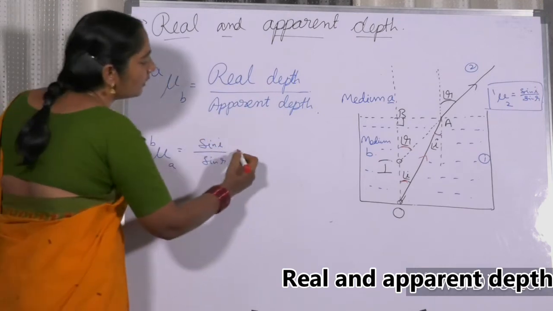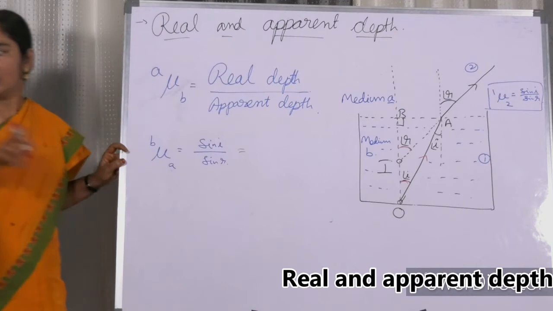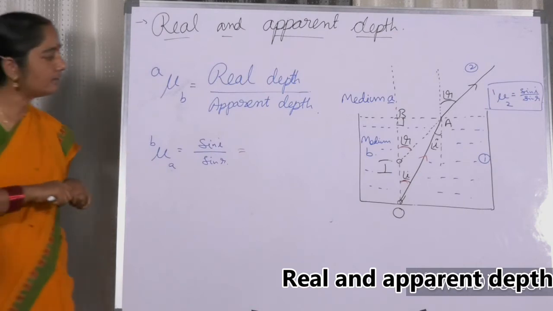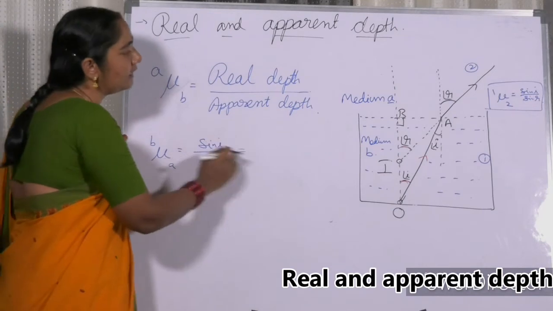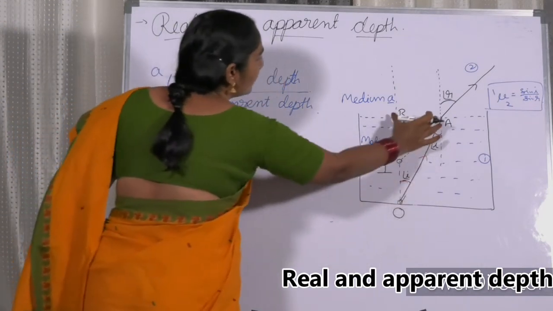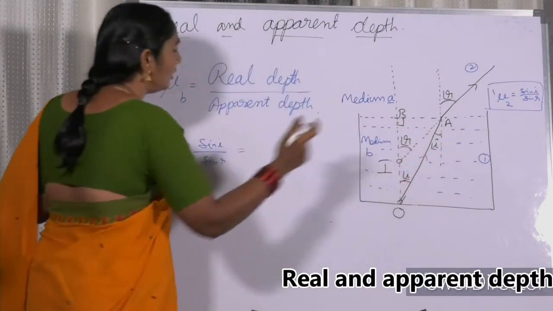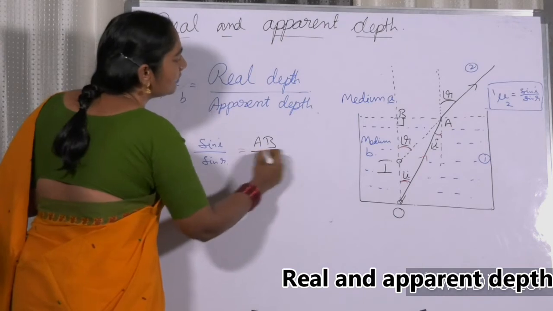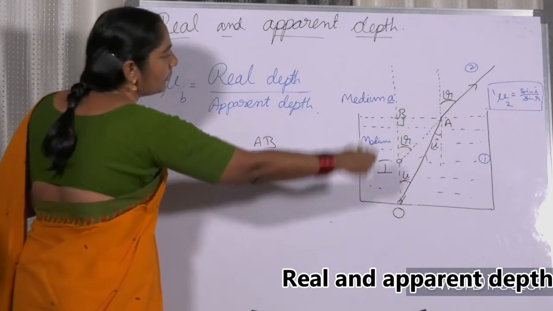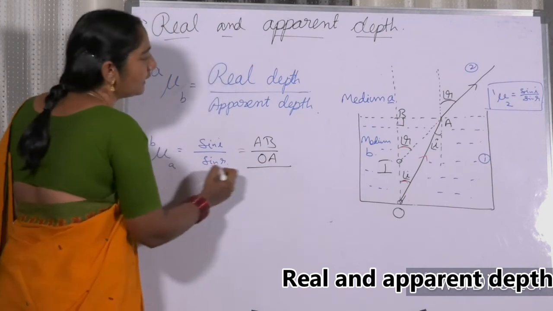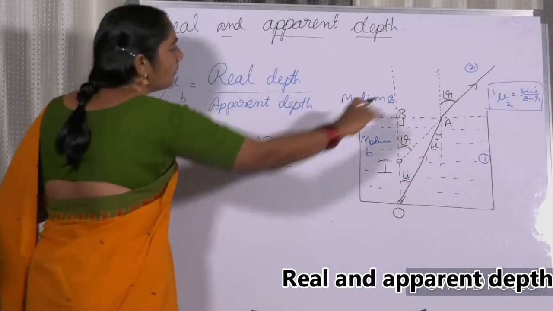So that is equal to, already we know that in this right angle triangle, sin I is the opposite side by the hypotenuse. You already know the formula. So sin I is the opposite side, that is AB, by the hypotenuse, that is OA, and sin R is the opposite side by the hypotenuse, that is AB by IA.